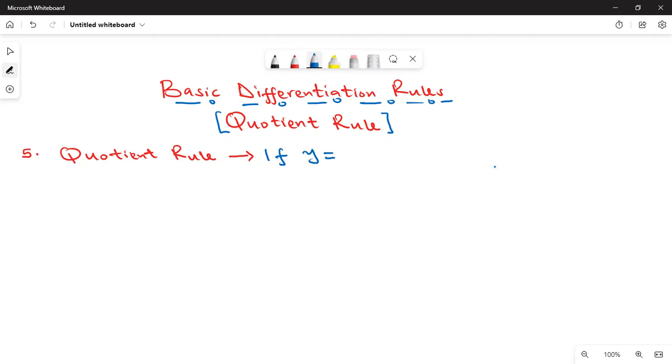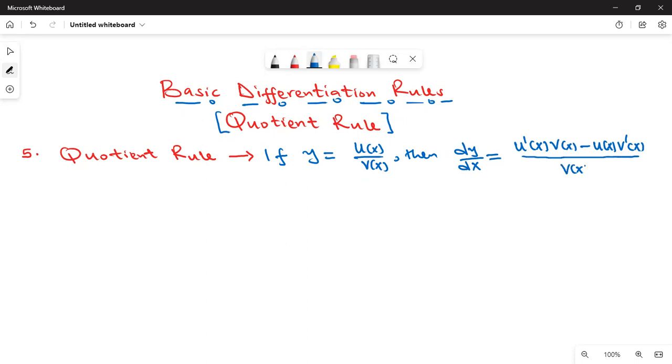y is equal to a quotient u of x divided by v of x, where u and v are functions of x, then dy dx will be equal to u prime of x times v of x minus u of x times v prime of x, everything divided by v of x, and the whole of this is squared.